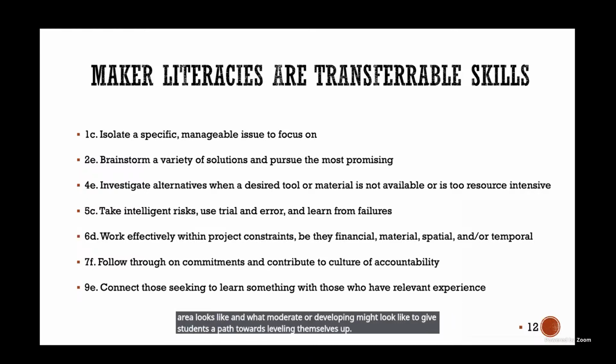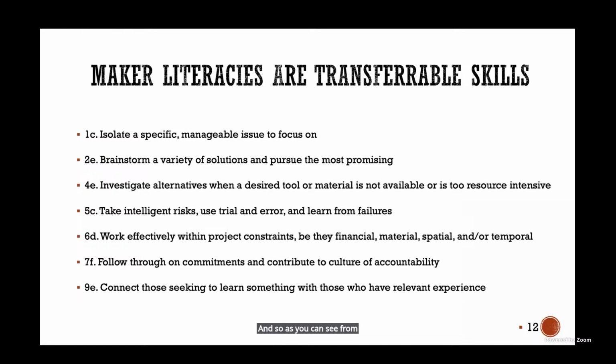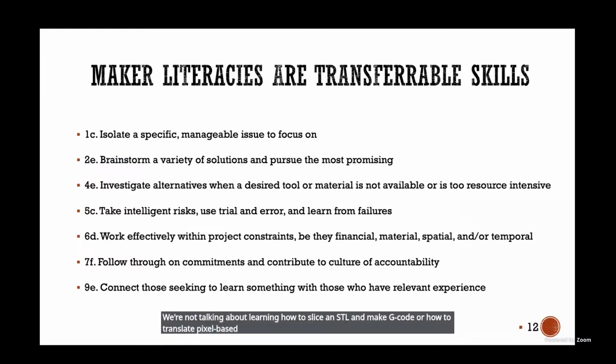And so as you can see from looking through this, all of this is technology agnostic. We're not talking about learning how to slice an STL and make G code, or how to translate pixel-based graphics into vector-based graphics.